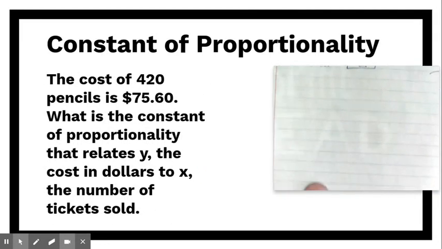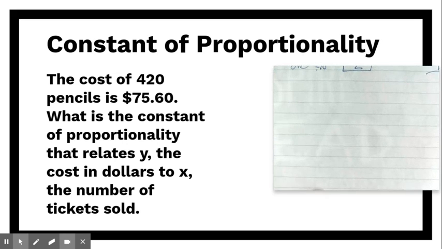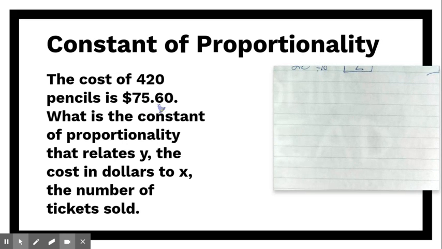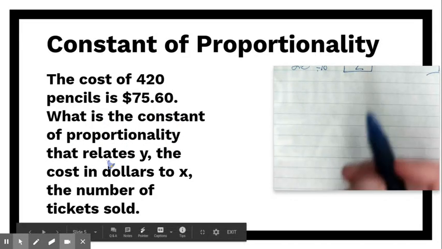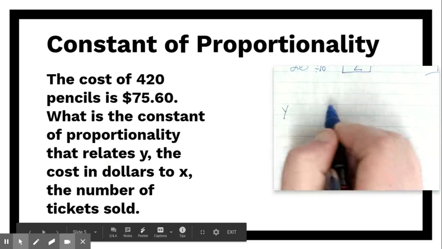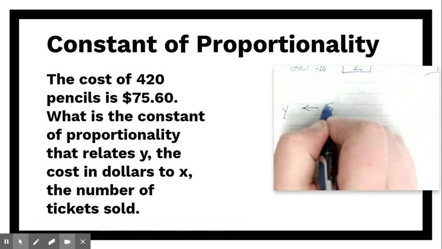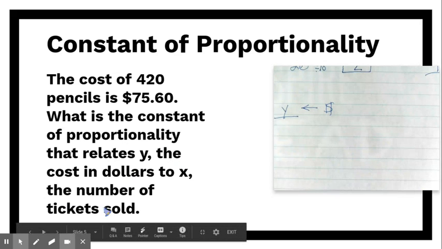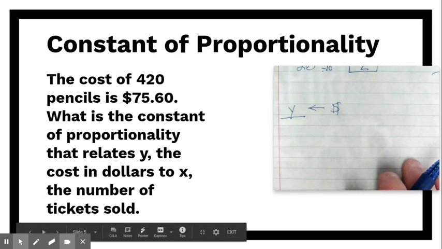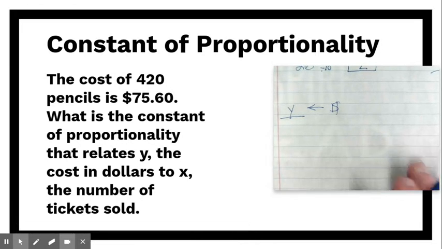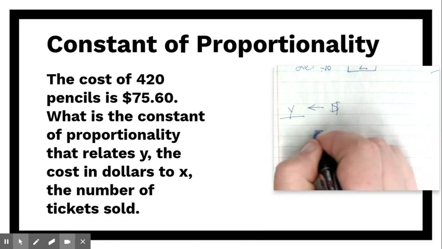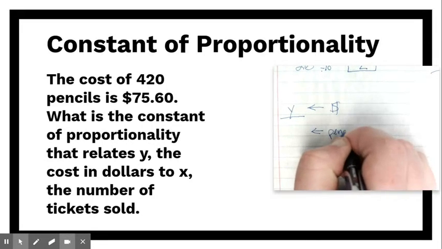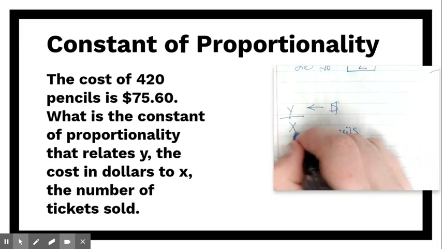In a word problem, the cost of 420 pencils is $75.60. What is the constant of proportionality that relates y, the cost in dollars, to x, the number of pencils sold? Oh, not number of tickets, number of pencils sold. I'll have to change that.